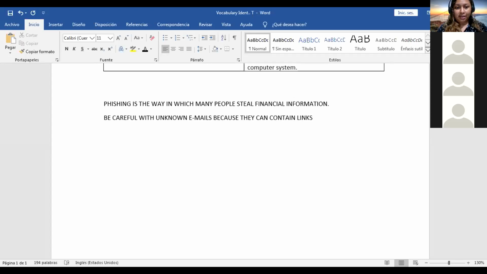But we want to use phishing. How can we make it possible to include phishing? I'm going to help you. People use phishing. Awesome.